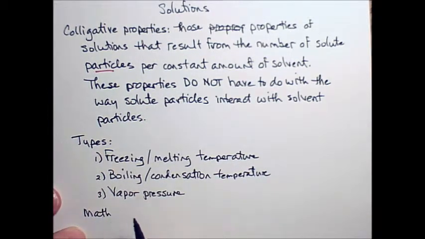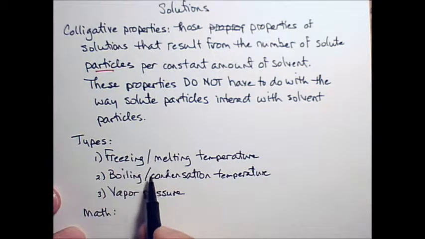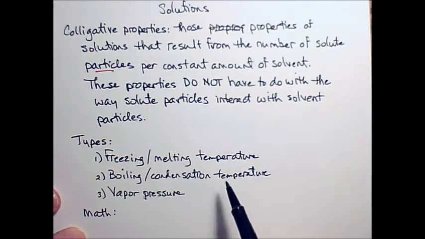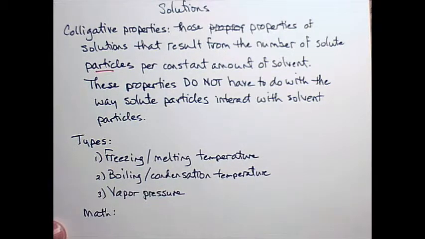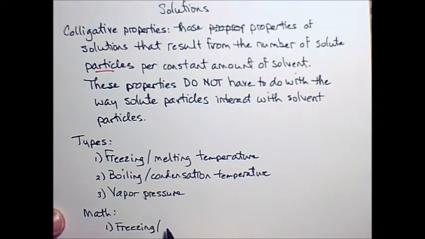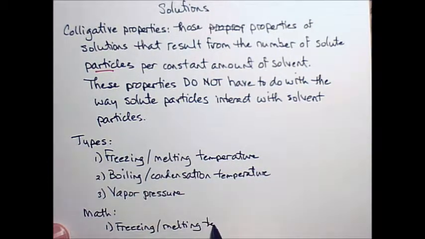The types of colligative properties for which we are going to be doing math, and the reason we learned about molality a little earlier, are freezing and melting temperature change, but not so much the temperature itself as the change, and boiling and condensation temperature change.